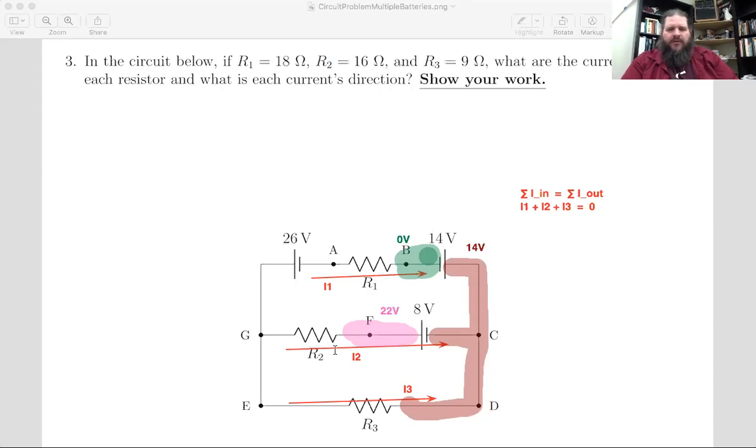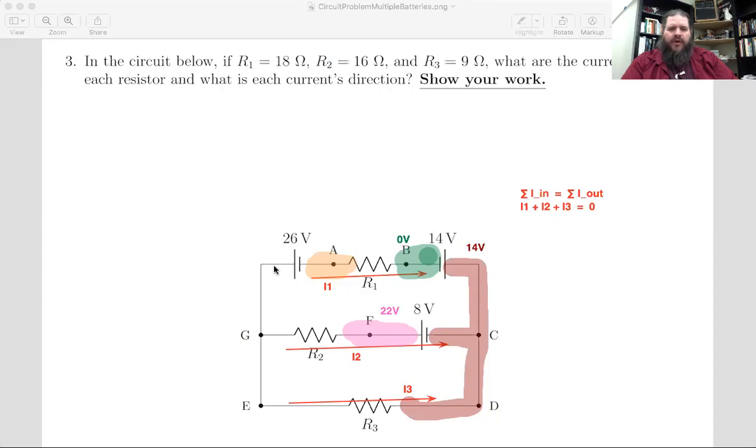The problem is we still have 2 unknown regions. We don't know the voltage here at location A, because that's on the other side of resistor 1, and we don't know a voltage difference for resistor 1 yet.